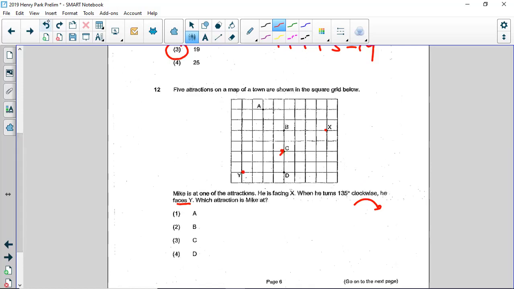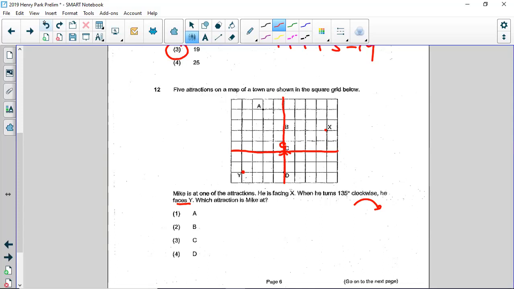So maybe, for example, Mike is at C. Then you put the compass in the middle of him and use a pencil so that you can erase if it's a wrong position. So put the map in the middle of him like this, and your 8-point compass.